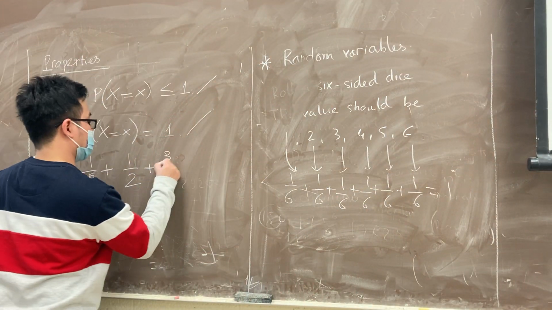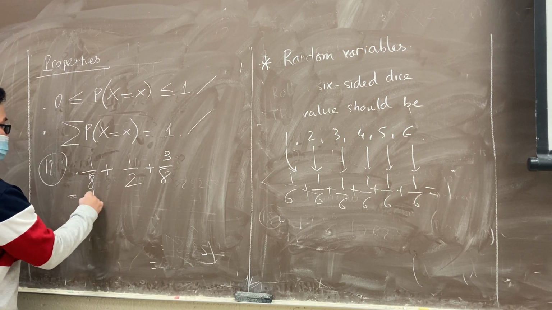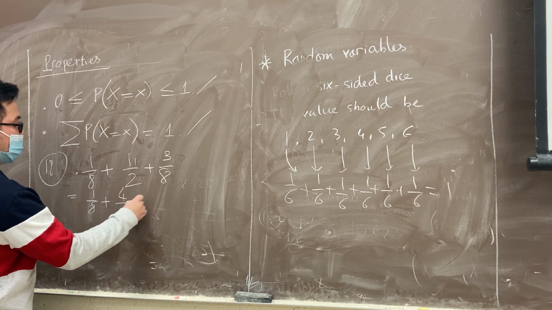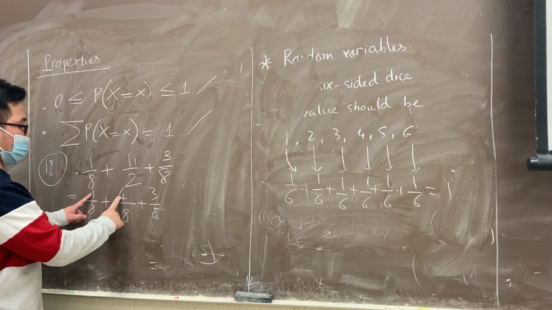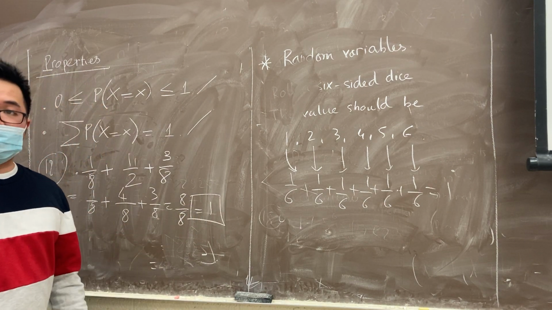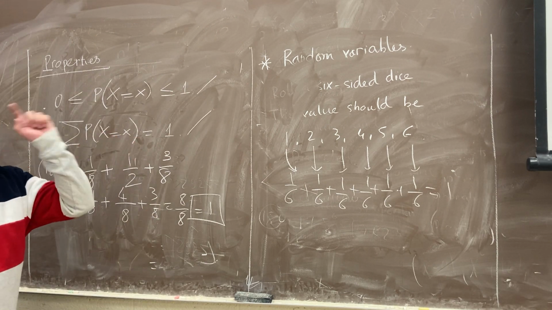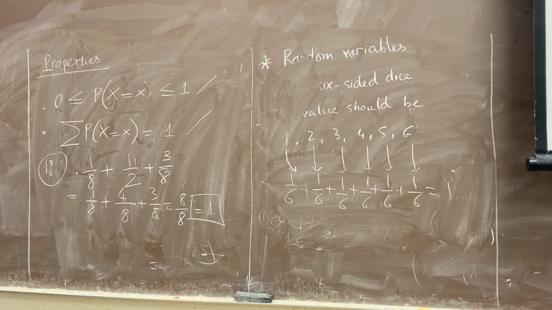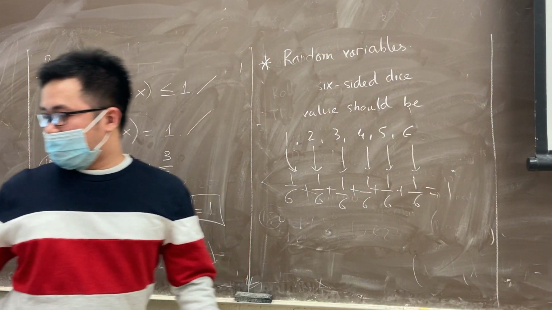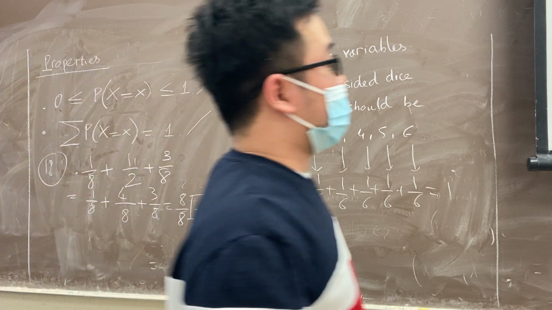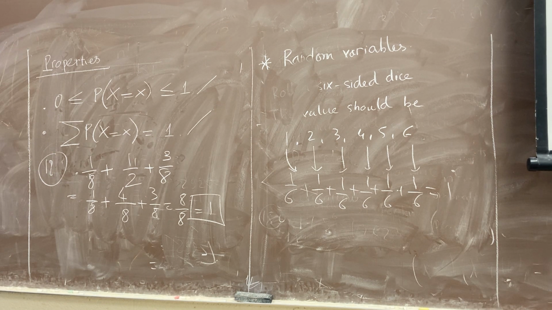We need the same denominator of 8, so 1 over 2 becomes 4 over 8. So 1 plus 4 plus 3 is 8 over 8, which equals 1. So it satisfies the second property. So this distribution is a probability distribution. Clear, right? Okay. Now we move on to the next example, question 19. Determine whether or not the distribution is a discrete probability distribution.